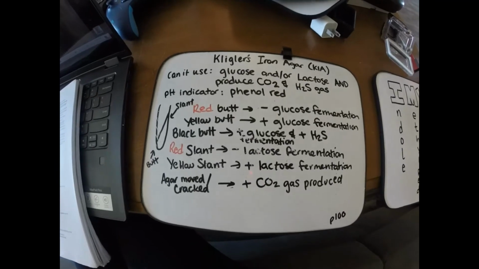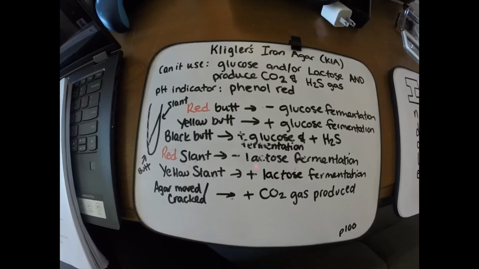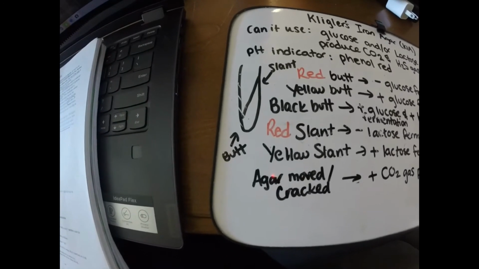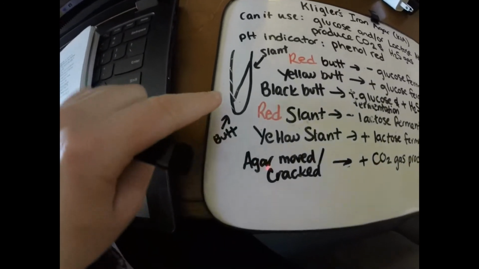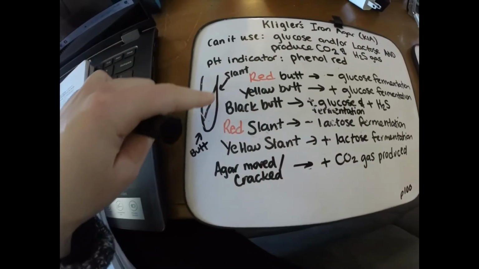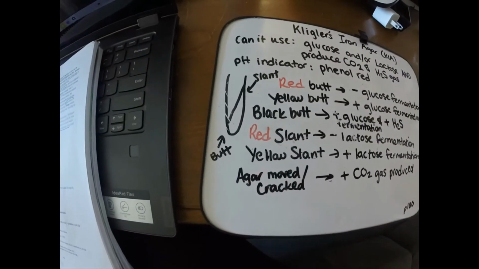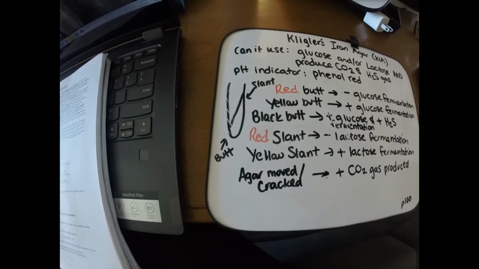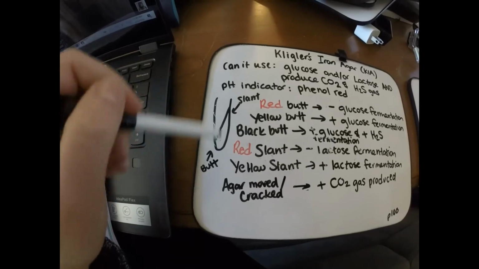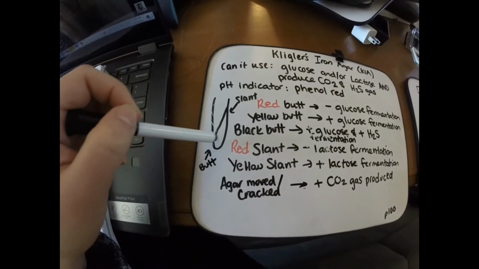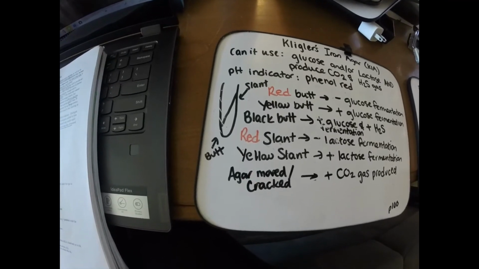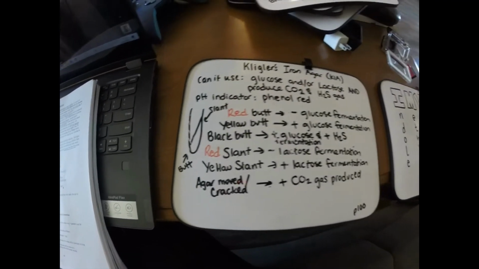And the pH indicator in this is phenol red. So what this is going to look like, it's going to be a slant. When it refers to the butt, it's talking about this bottom section of the slant. When it's talking about the slant itself, it's talking about the upper portion. And as you have all read, I'm sure, we are stabbing the bottom part of our slant here. So that is how that works.